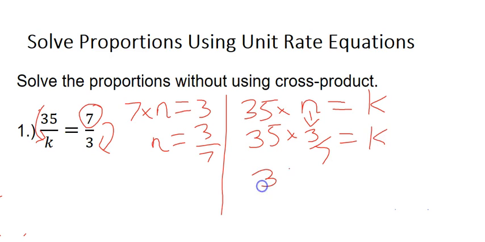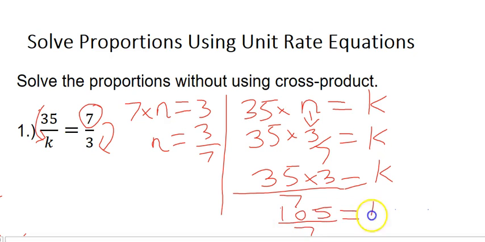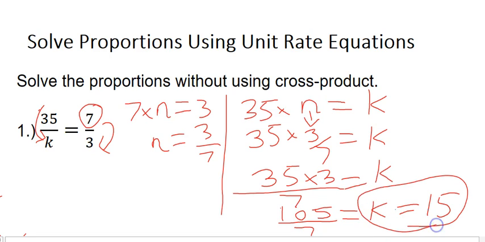I know we can simplify this and divide by 7, but I want you to write it like this, so that will help us eventually know why this works for cross multiplication. So 105 over 7 equals k. If you divide that, k is going to equal 15. And that's it.